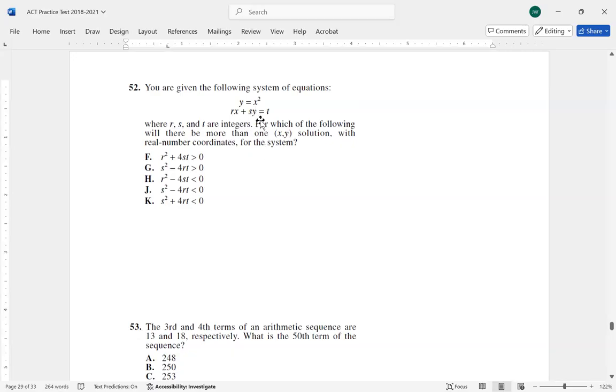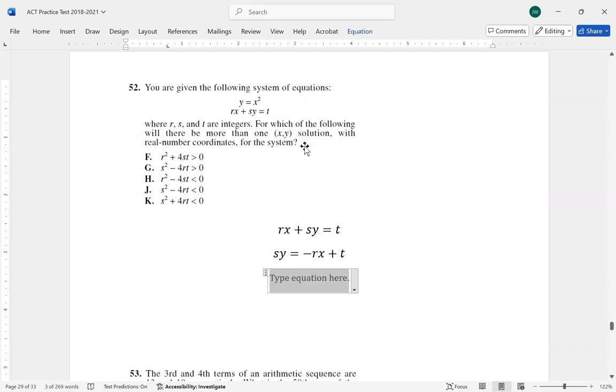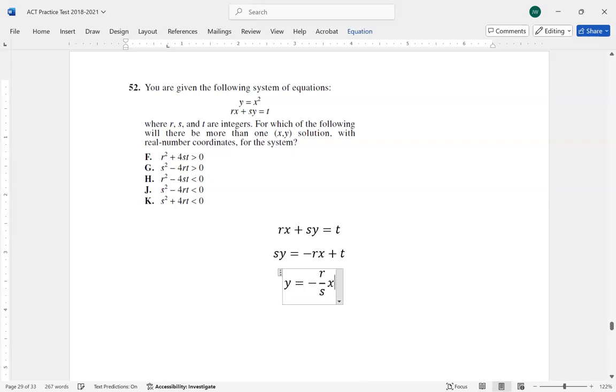So what I would probably do is replace the Y with whatever we get when we solve the second equation for Y. So I'd start with that second equation, Rx plus Sy is equal to T, and I'd solve that for Y. We'd have Sy is equal to negative Rx plus T. Dividing both sides by S gives me Y equals negative R over S times X plus T over S.